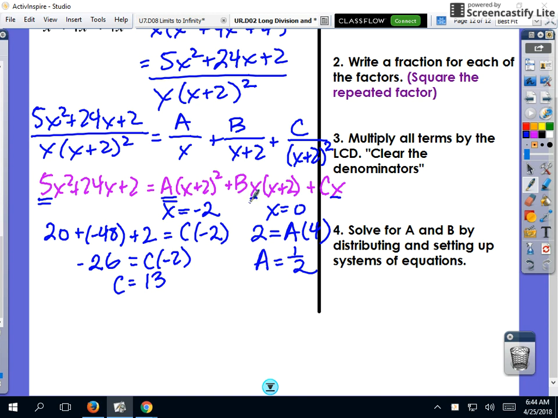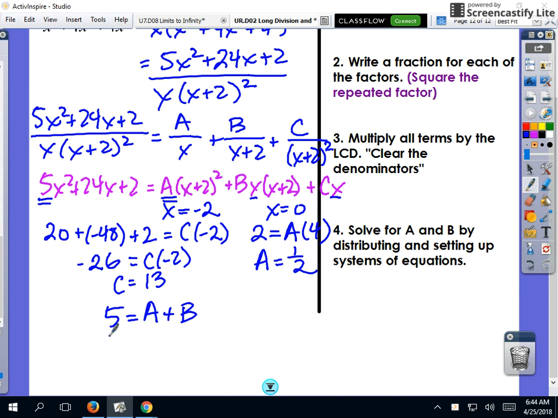The coefficient of B is going to be x squared as well. So I can actually say 5 must equal A plus B, because those will be my two coefficients of x squared. It's kind of a hybrid of the other one, setting up the systems. That's the only way to get to that, to find out what B is.